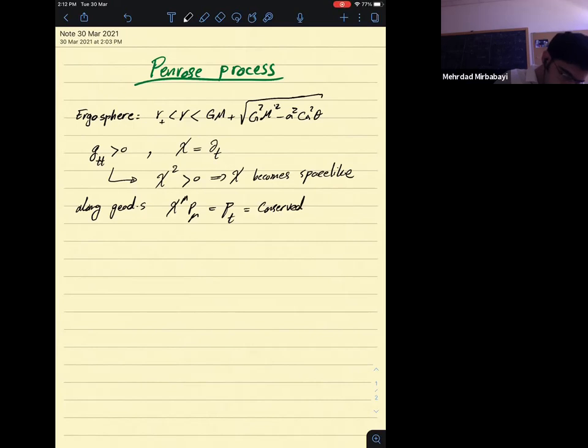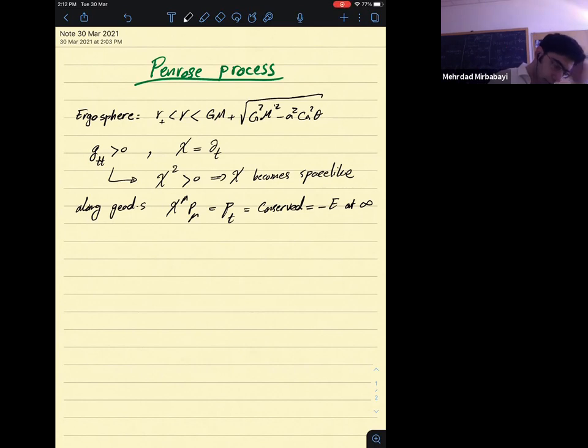And this conserved quantity we identify as minus the energy at infinity. Because if we go to infinity, in the asymptotically flat spacetime, then we are back to the Minkowski metric, and this is what we would call energy in Minkowski space.